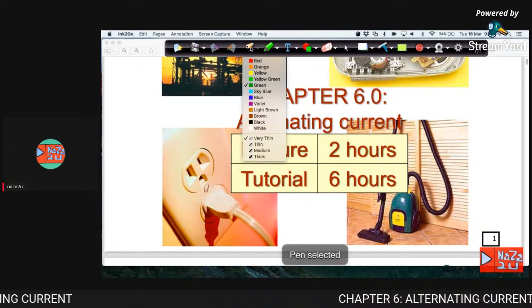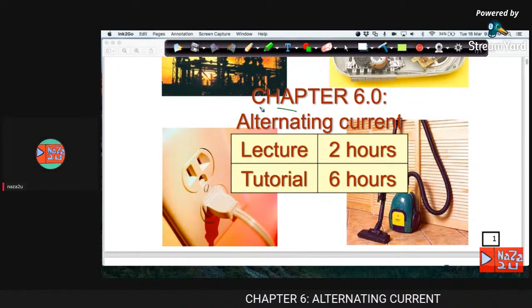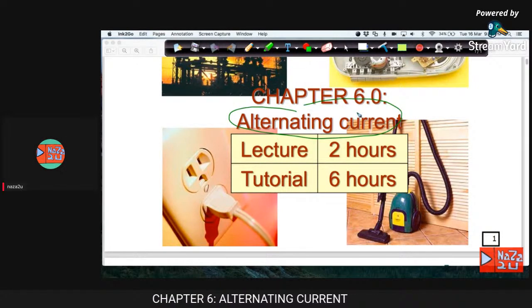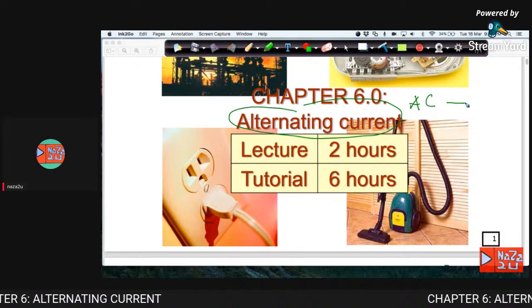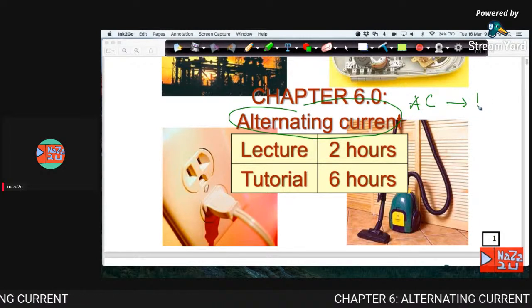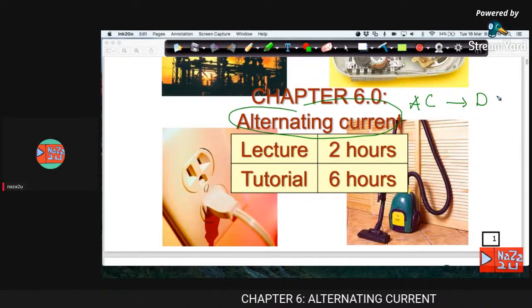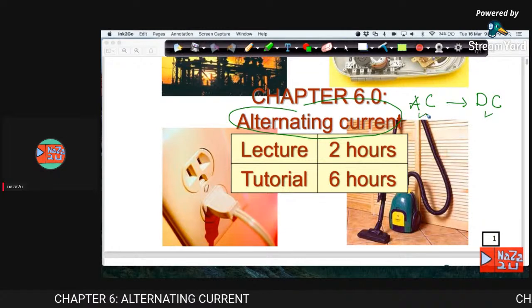So this is alternating current, atau kita panggil dia sebagai AC. Chapter 3 kita belajar mengenai DC. DC is a direct current. So what is the difference between DC and AC?